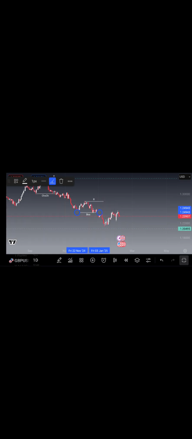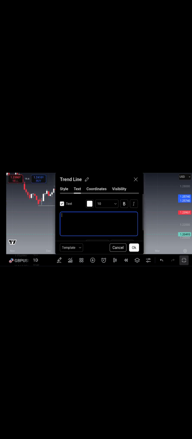Break of structure. But again, if I look properly, we have another R over here and another break of structure right over here.